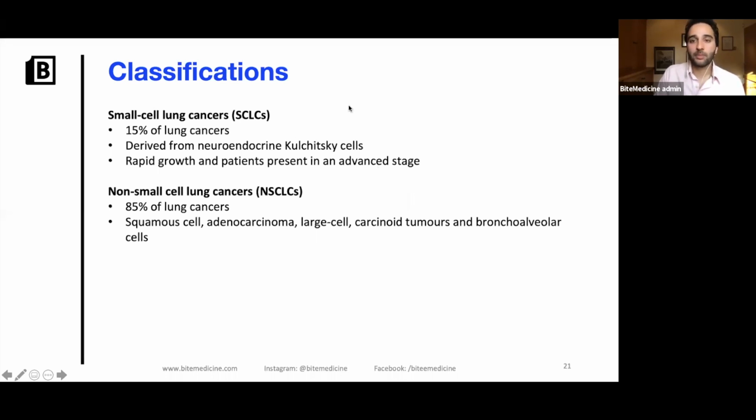I don't want to give away the answer to the next questions, but just remember they present quite late. Non-small cell lung cancers make up the majority of lung cancers. That includes squamous cell carcinoma, adenocarcinoma, etc. We've got a nice table coming up in a few slides to help you remember the difference between the two.